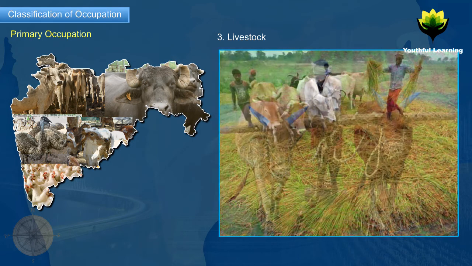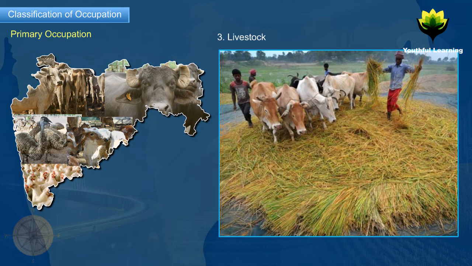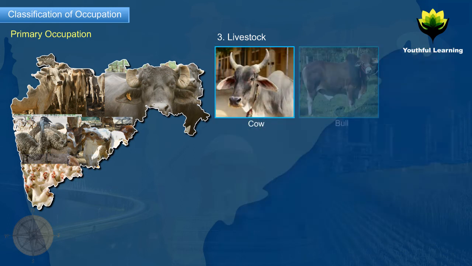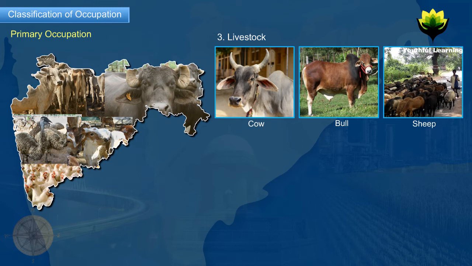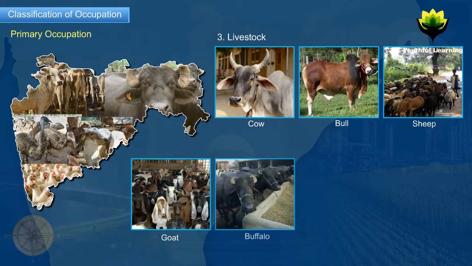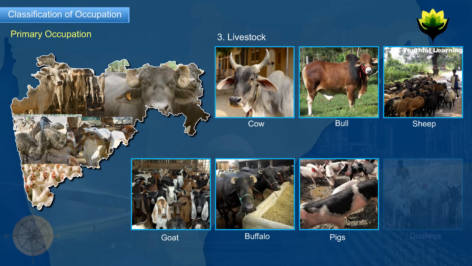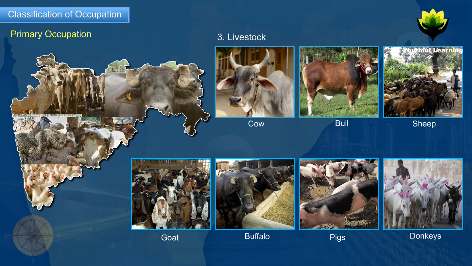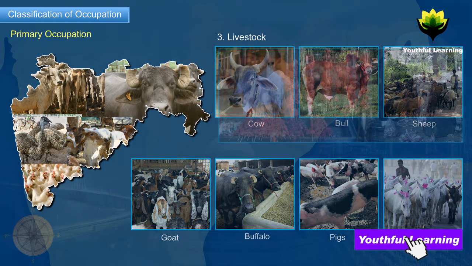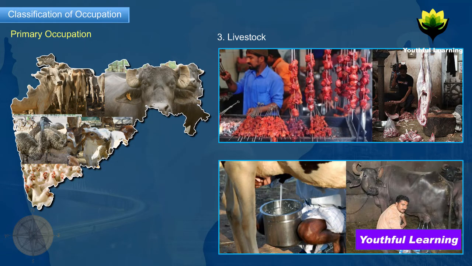Agriculture and livestock raising are complementary to each other. Domestic animals like cow, bull, sheep, goat, buffalo, pigs, donkeys provide various products such as meat, milk, etc.